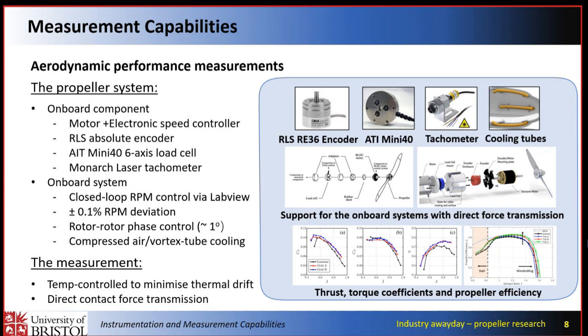And also, as Barack was saying, it allows us to do rotor-rotor phase control within approximately 1 degree. So all these have been taken into consideration when we are designing our various rigs, and it allows us to obtain the aerodynamic measurements and be validated across the different propeller designs.